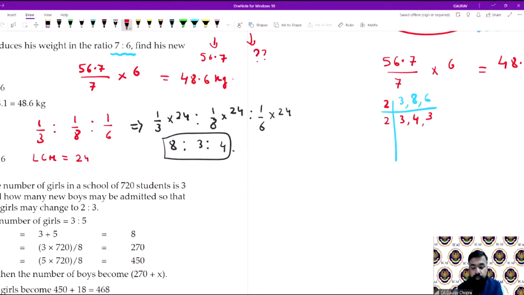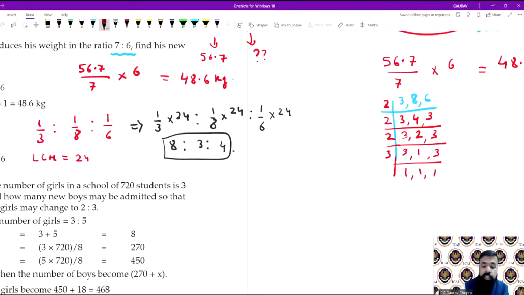Now again, we can divide with 2. We are getting 3, 2 and 3. Again divided by 2. Now this time how much are we getting? 3, 1 and 3. Now this time number 3 will be used for divisibility. So what is the LCM?